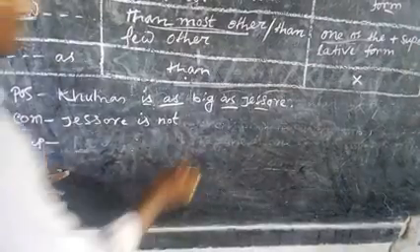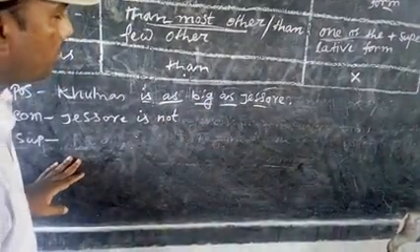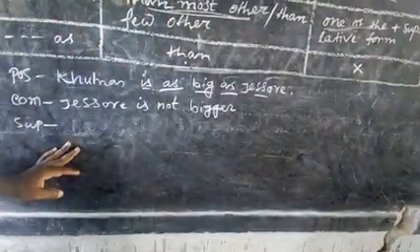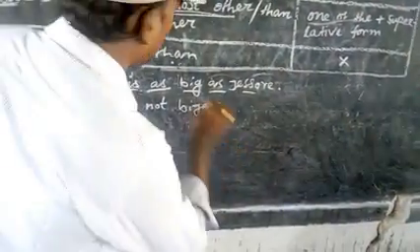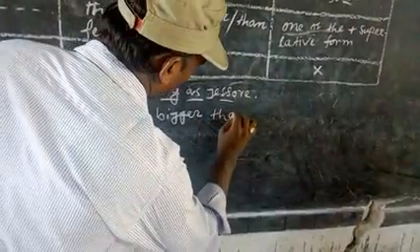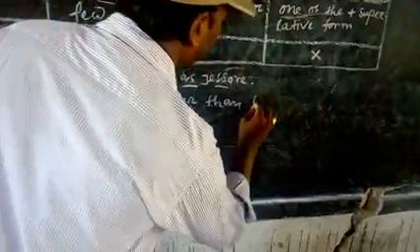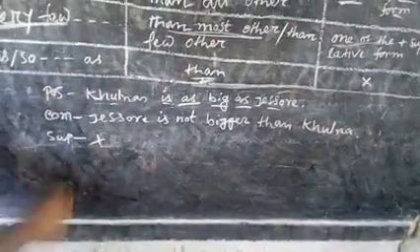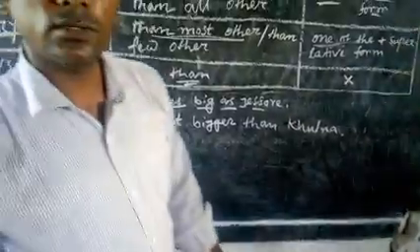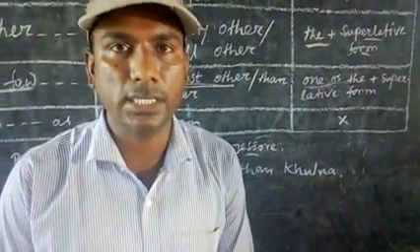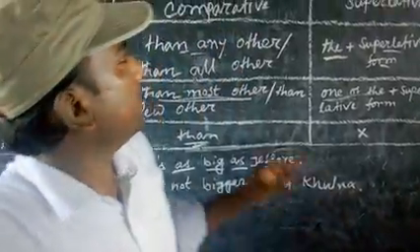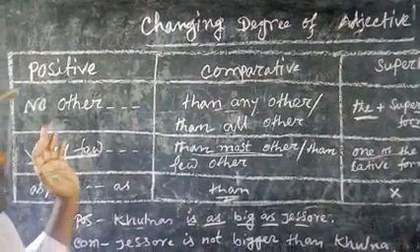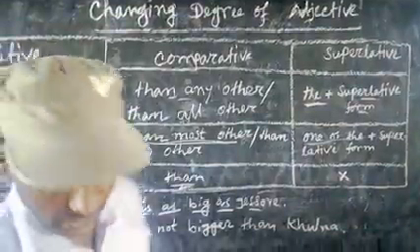Jashore is not, comparative form of this positive word, bigger. Jashore is not bigger, use only than, and the first subject Khulna. And in superlative it is nil. Okay, dear students, I hope all of you understand how we make positive sentences into comparative and superlative sentences.